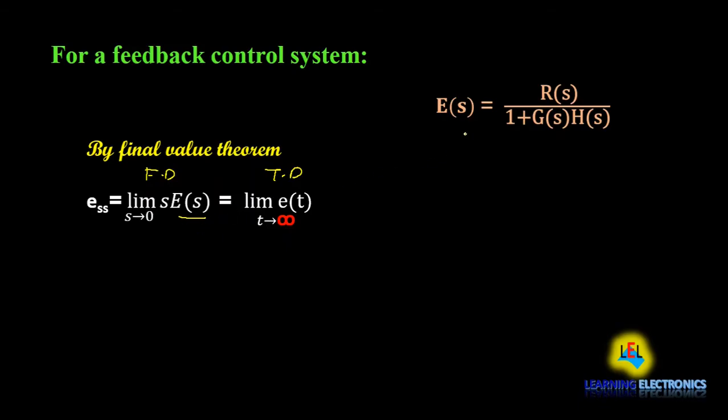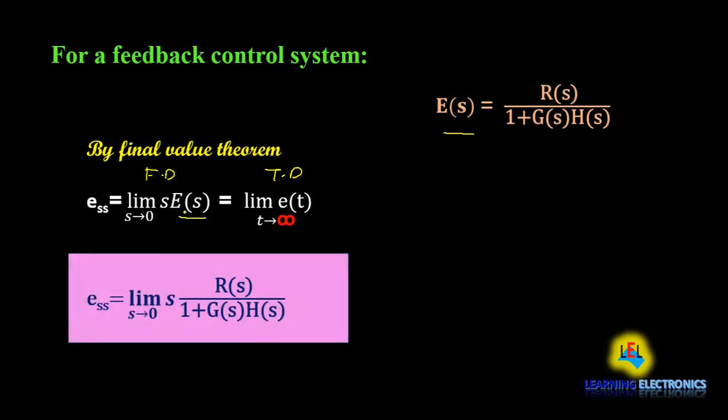Now we put the equation of the error signal E(s) in this equation of steady state error e_ss. So we get e_ss is equal to limit s tends to 0 of s into R(s), whole divided by 1 plus G(s)H(s). This is the equation of the steady state error.